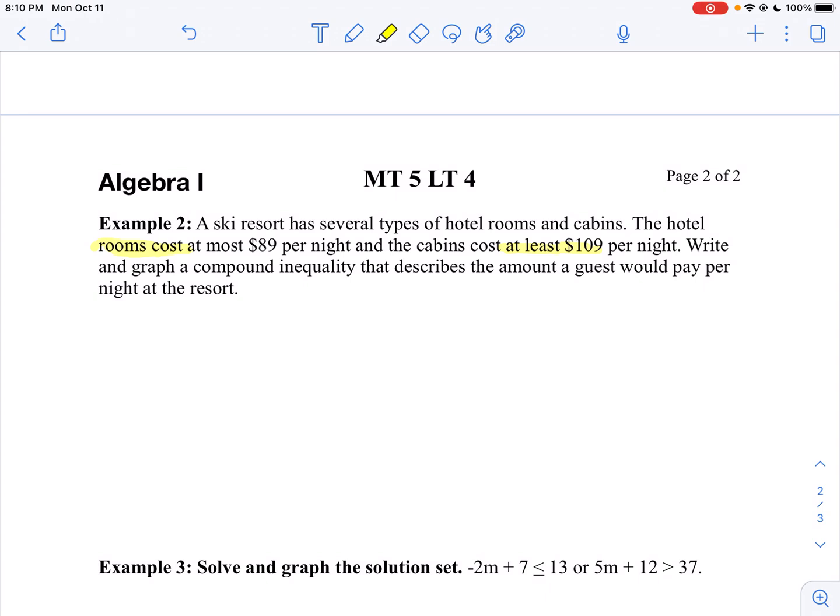So we're going to say the hotel costs at most $89. So I'm going to say let X be the cost of the room. So I'm going to say it costs at least $89, or at most $89. Geez, can't write.